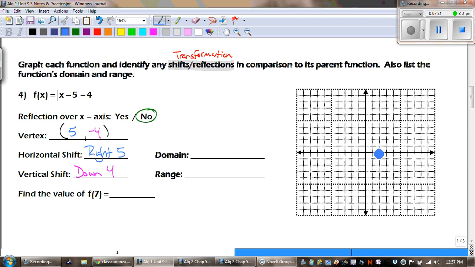So 5, -4 is where we're starting. Then we follow the pattern: up 1 over 1, up 1 over 1, up 1 over 1. If you're going to do 3 points going to the right, make sure that you do 3 points going to the left. We don't want it too small, and we don't want it lopsided.